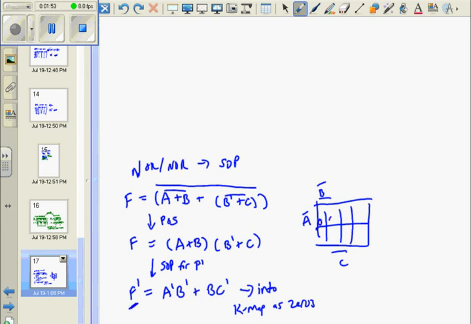A0, B0 goes here. B, C0 goes here. And then we have our ones. So now that we have the K-map, we're going to circle ones to get SOP. And we can do these together and these together. So we're going to get F equals A B0 or B C. Cool.